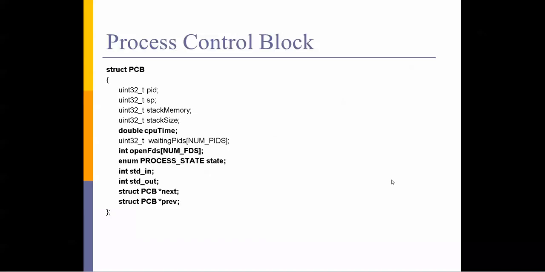Each process has its own standard input and output. The next two fields are used for retrieving the next process in a round robin fashion.